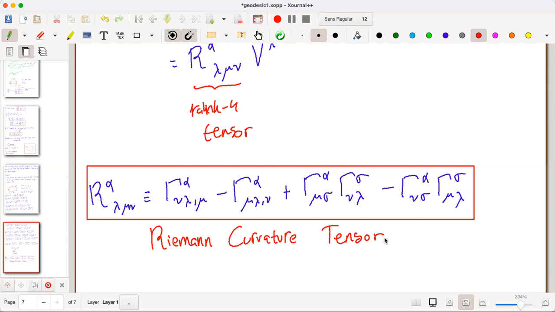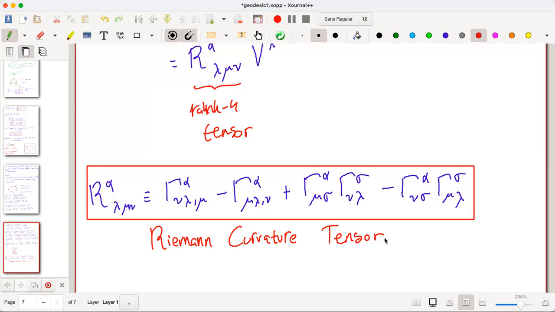At least one of its components cannot be 0. If a manifold is flat, then its Riemann curvature tensor must be 0 identically. So all components must be 0 if the manifold is flat. So now we can characterize the curvature of the manifold by calculating the Riemann curvature tensor.